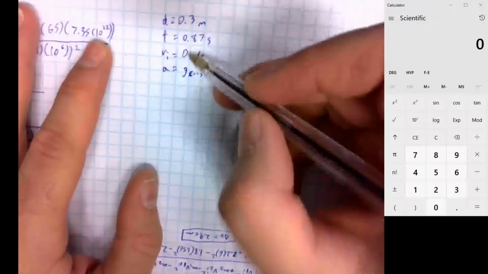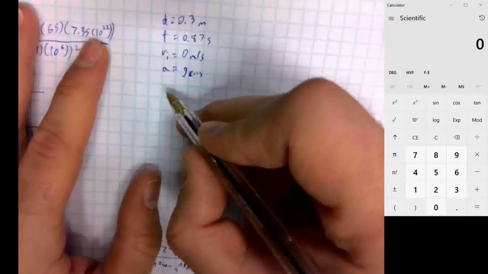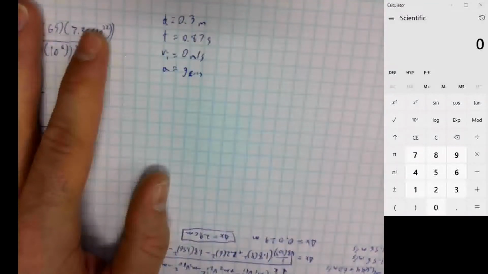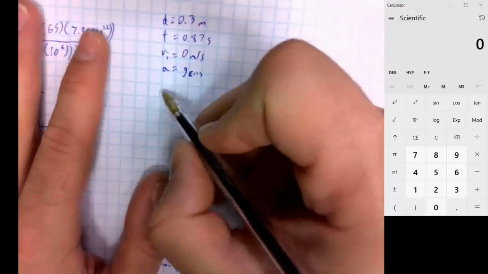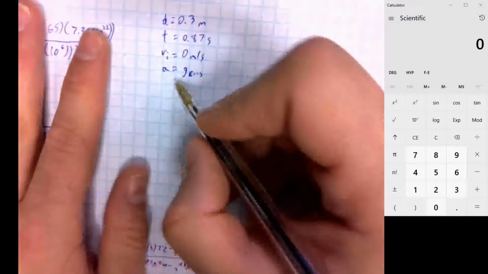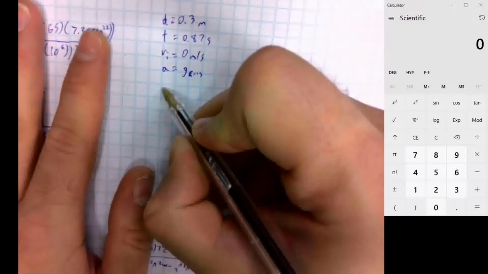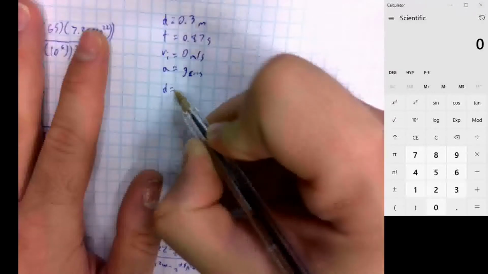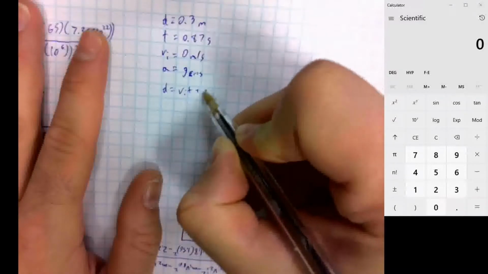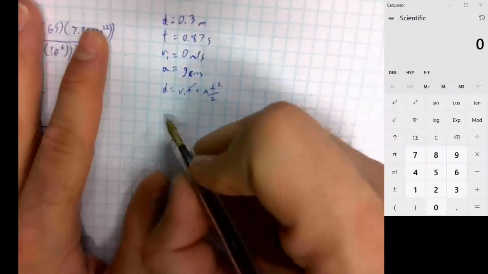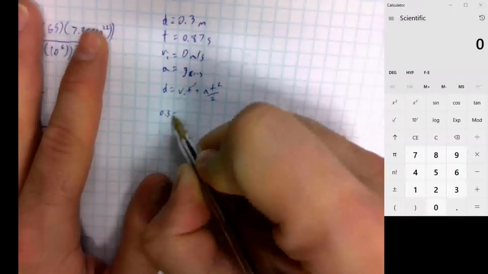So I can use my equations from the dynamics unit, but the kinematics section of that unit. What I'm looking for is my A, and I know that I can use D equals VIT plus AT squared over 2. This is 0. D is 0.3.